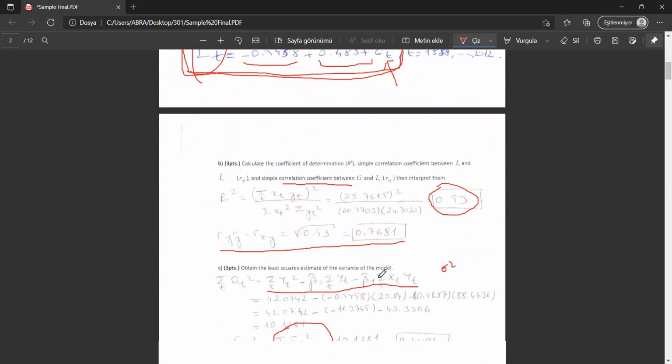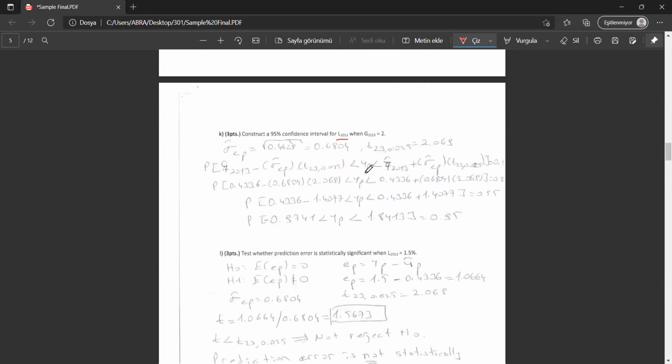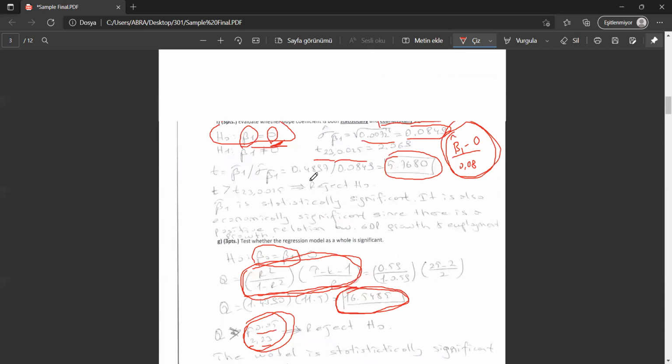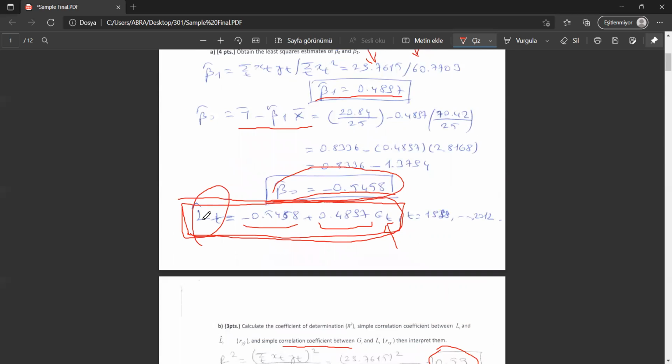Here is our model. We are writing 2 instead of G and finding the estimated L value first. And then, you see, this is the estimated L value, okay? It is calculated here. You can do it yourself, but this solution doesn't include the calculation of it because it is simple. You will just put 2 instead of G here and find the estimated value of L.